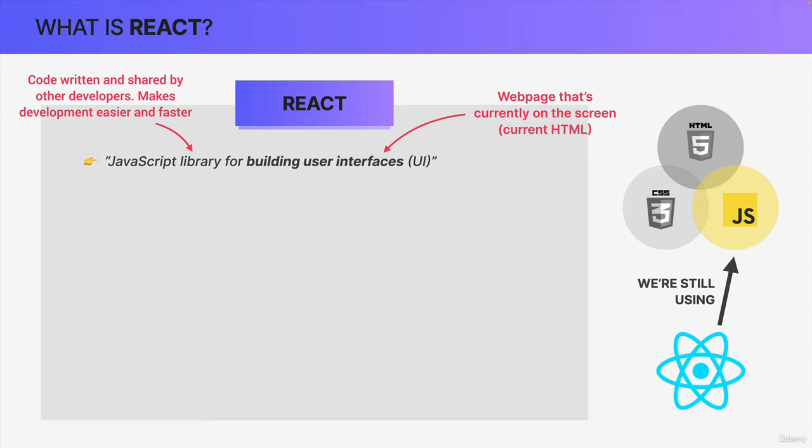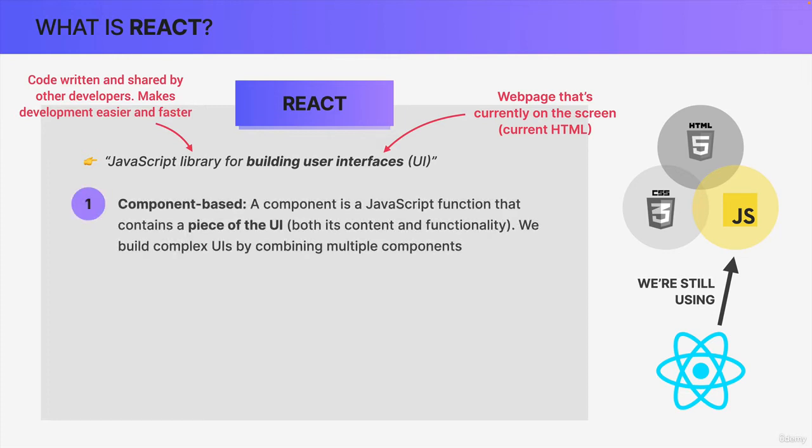Now, the React library has three main characteristics that make it quite easy to develop complex applications using React. First, it's based on components. Second, it's declarative. And third, it's driven by state. So let's take a look at them one by one. So first, component-based means that components are the building blocks of any React application.